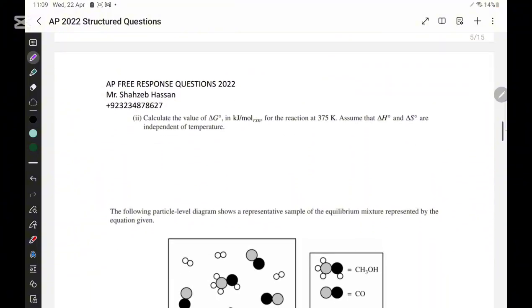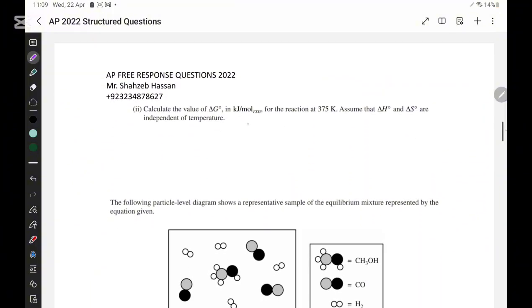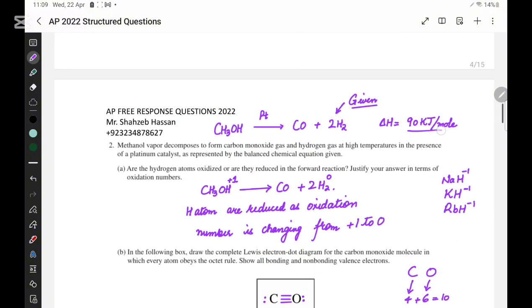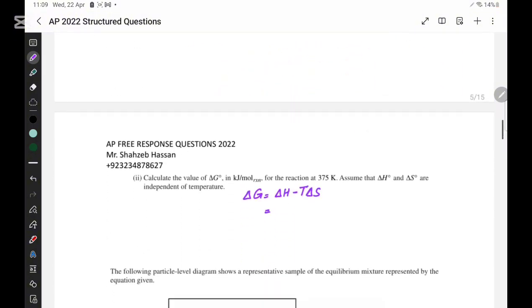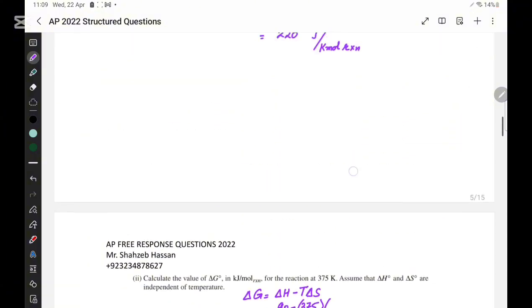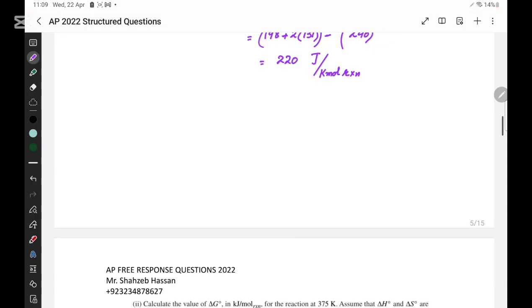Then for this part, they are saying calculate the value of delta G. Delta G is equal to delta H minus T delta S. Delta H is given to us in the question, that is 90 kilojoules per mole. So 90 minus T, temperature is 375, and entropy change we have calculated, it is in joules, but we have to convert it into kilojoules.